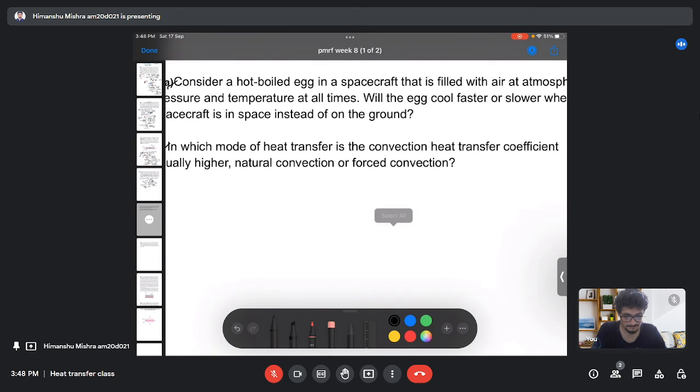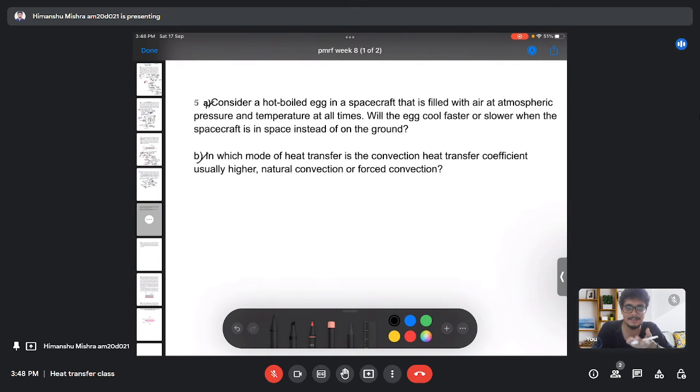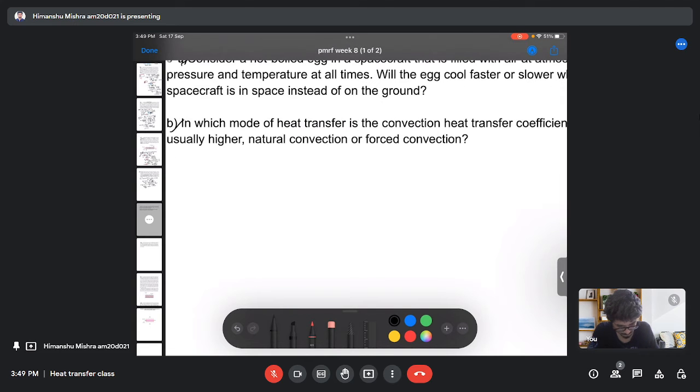So the question says that we have a hot boiled egg in the spacecraft. Now we need to find whether the egg cools faster when the spacecraft is on the ground, or when the spacecraft is in space. So we have two cases here. First, my spacecraft is on the ground. This is my case A. And in case B, my spacecraft is in space.